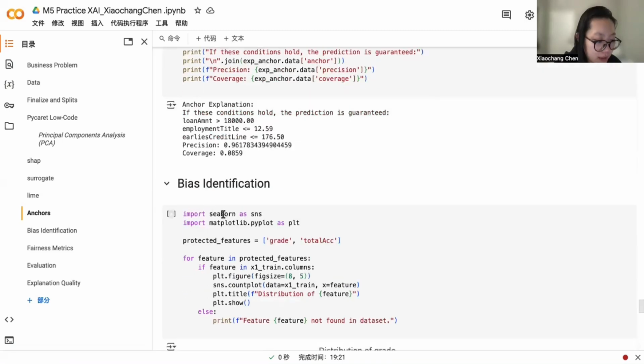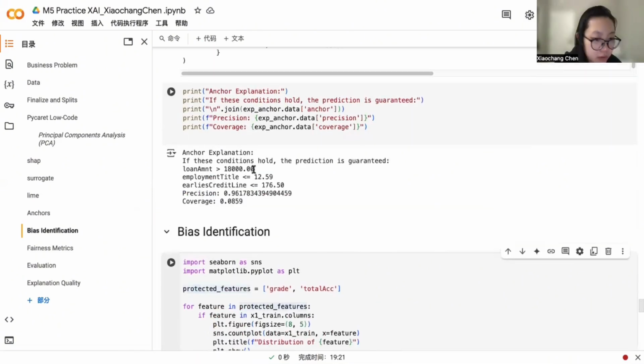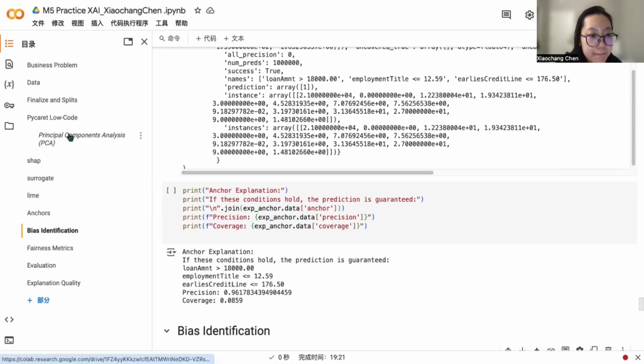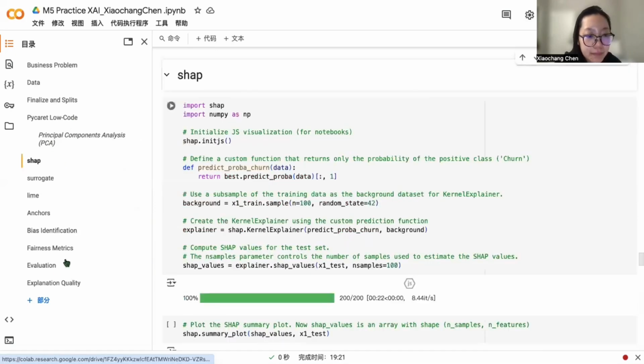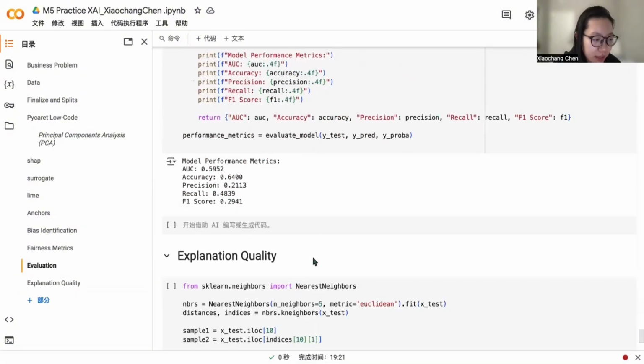And about model performance and explanation consistency. Here we're evaluating our model's performance. The AUC indicates moderate predictive power, but there's room for improvement, and accuracy is acceptable, but precision and recall highlight a need for better default detection, though recall is relatively better. The F1 score reflects imbalanced performance, suggesting a need for better feature engineering or model refinement.